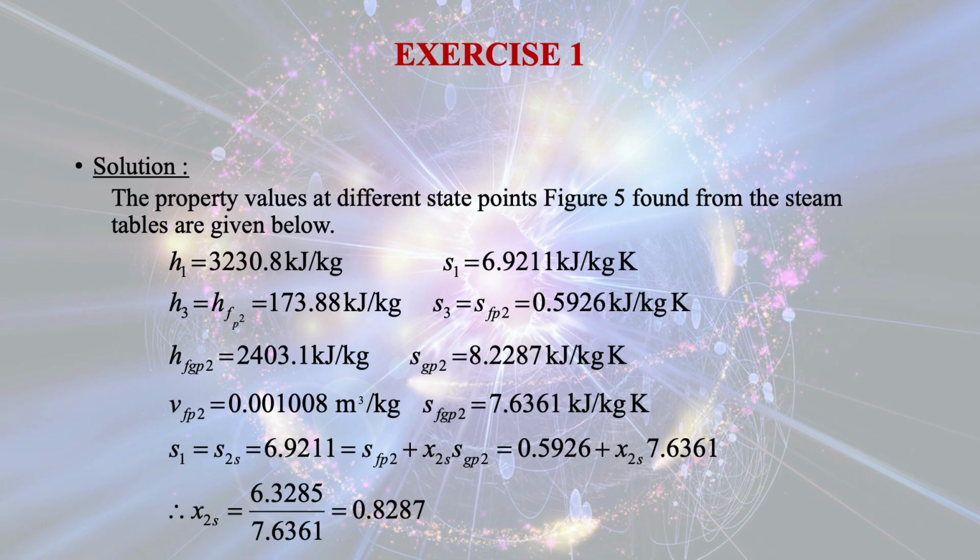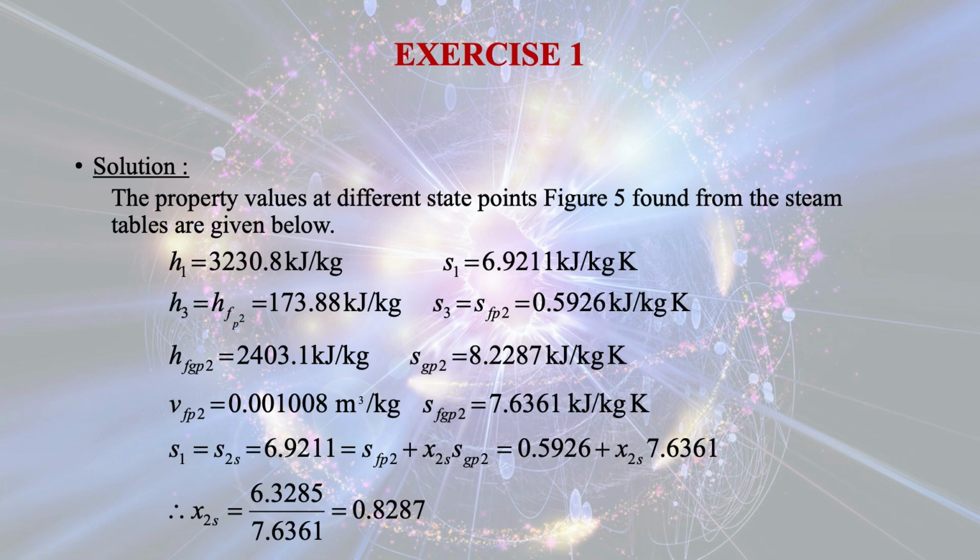Now let us see what data is given for this problem and what information we can get out of that data. The property values at different state points in figure 5, found from the steam table, are given below. Now H1 is 3230.8 kilojoule per kg because the pressure and temperature are given.